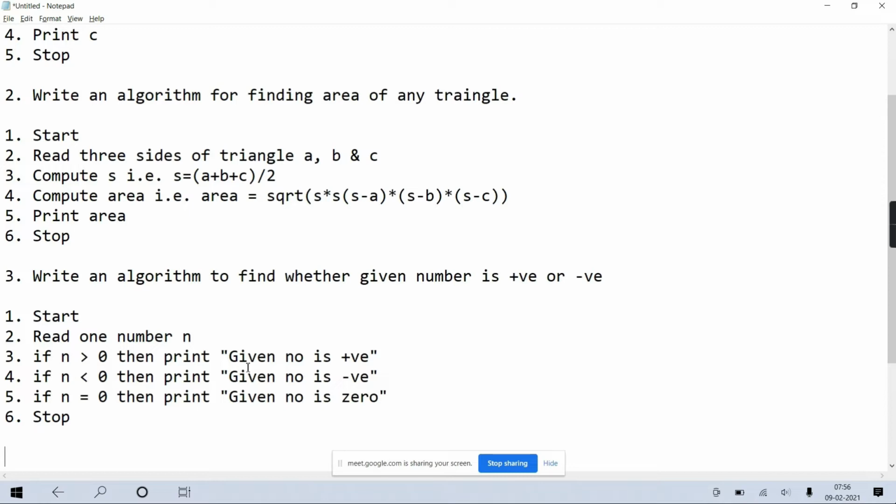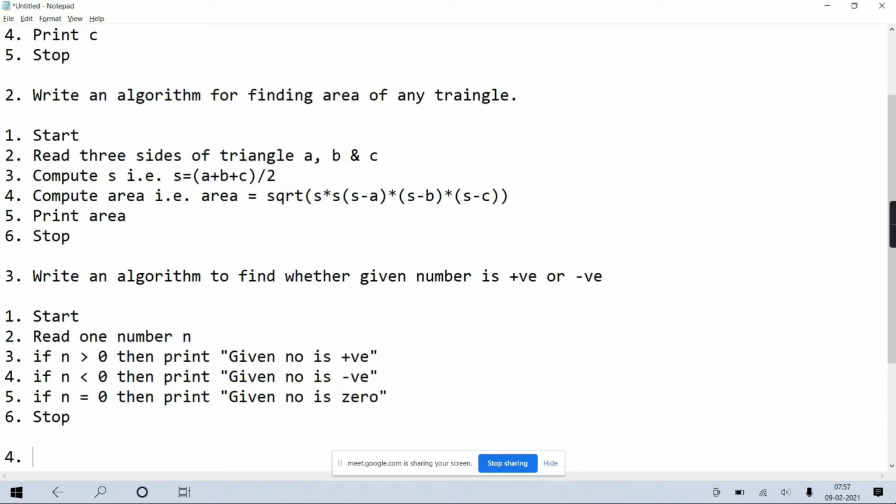If this comparison is satisfied, then we print this. And if this comparison is true, then this. Clear? So we are just comparing our given number with 0, which is kept as the reference. If your number is greater than 0, it is positive. If it is less than 0, it is negative. And if it is exactly 0, then it is 0 only. Right? Okay, so hope you got it.